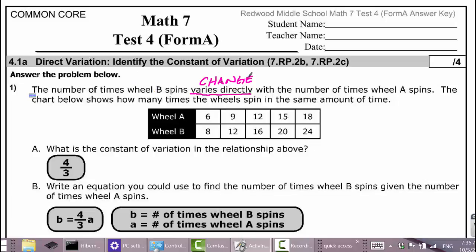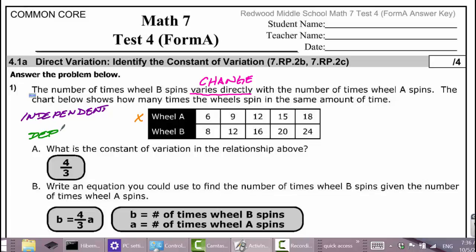Since B changes directly with A, or spins directly with A, A is the independent. A is the thing that controls, so independent. B is the dependent.